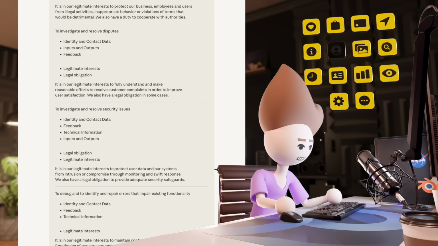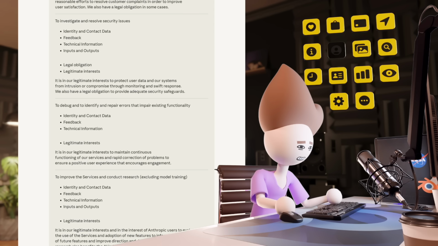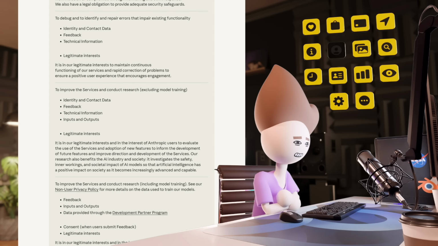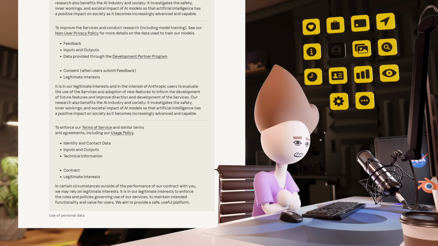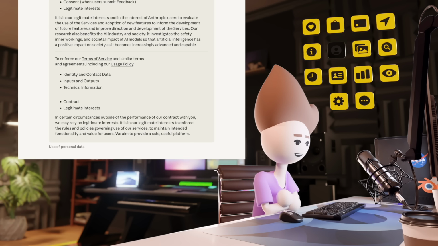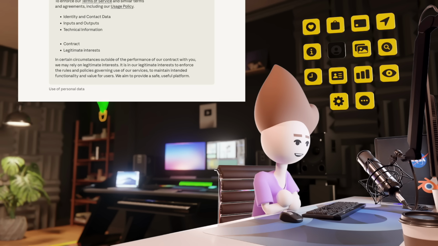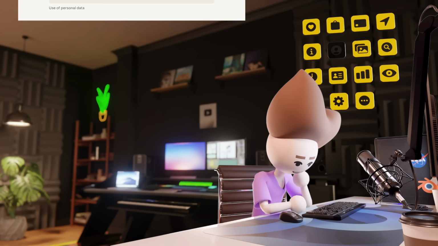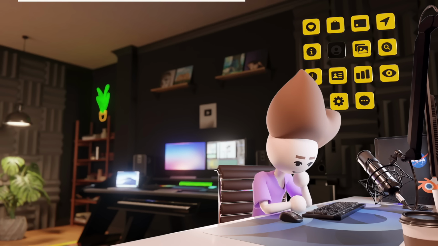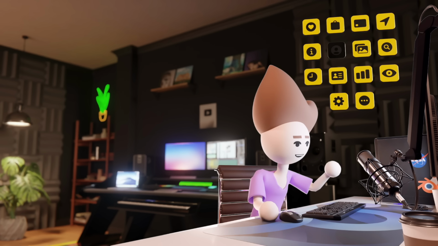Like I said, the rest of this is just applicable to regions outside the US. Again, I won't be able to do a good job explaining these sections because I'm still trying to wrap my head around a lot of this stuff. So if you live in those areas and you have information that you feel is worth providing based on these sections, please leave a comment down below. But that's basically the end of the Anthropic privacy policy.